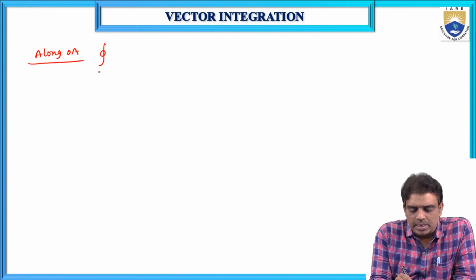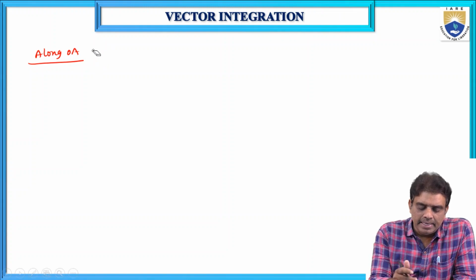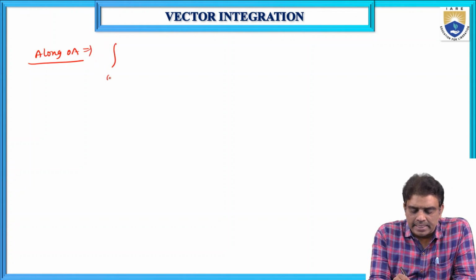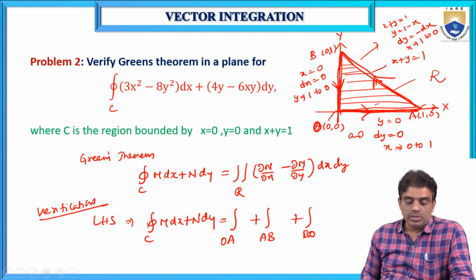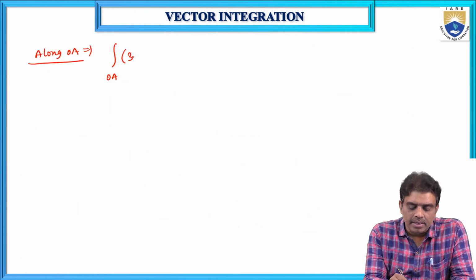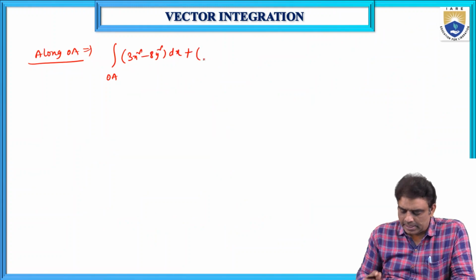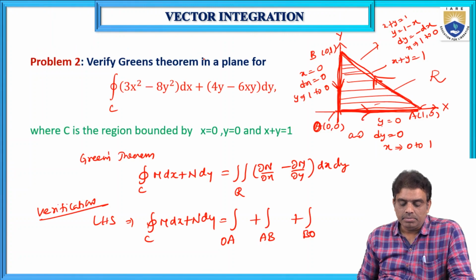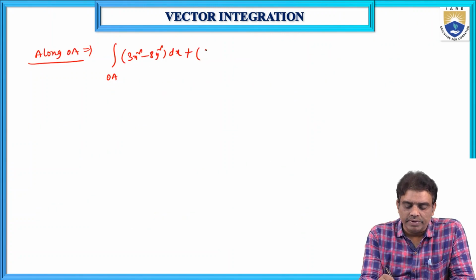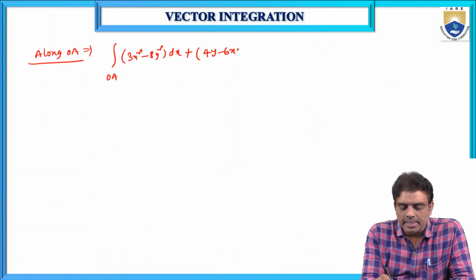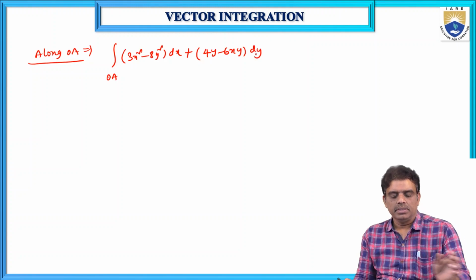The integral over the closed curve C is equal to what I have already written: the line integral along OA plus AB plus BO. What is the function? Just see: (3x square minus 8y square) dx plus, what is the second term, (4y minus 6xy) dy.